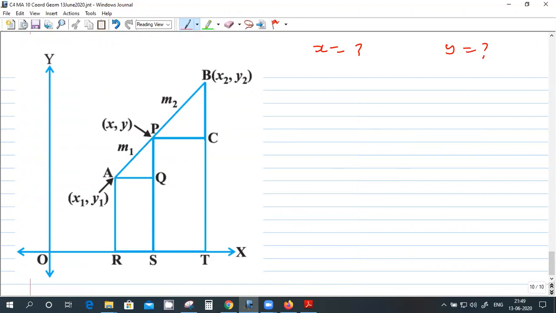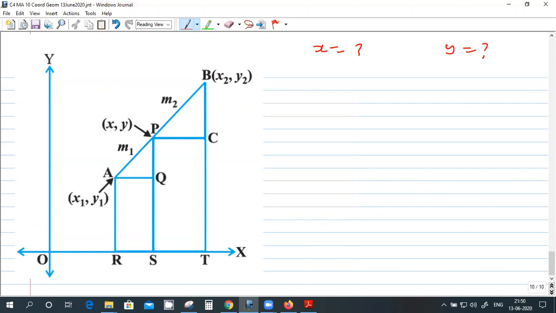So how do you do that? We first find the distance between (x2, y2) and (x1, y1), and then it should be equidistant, so we have to divide it by 2.